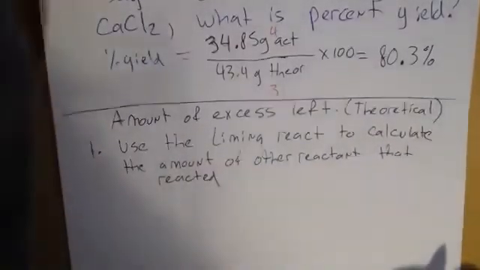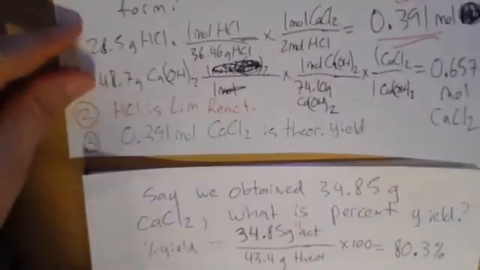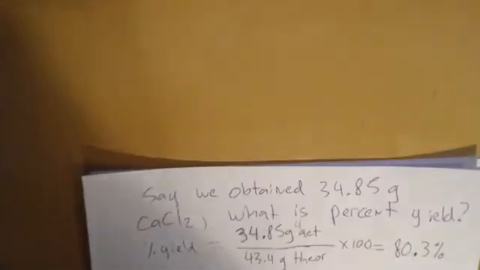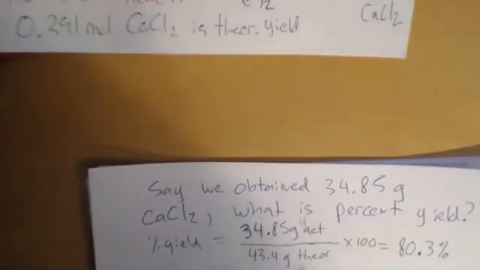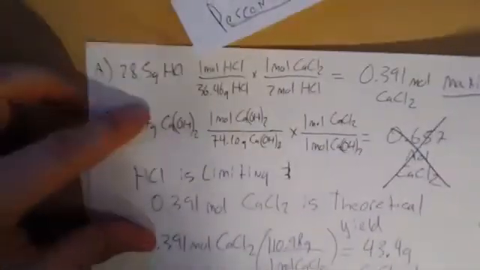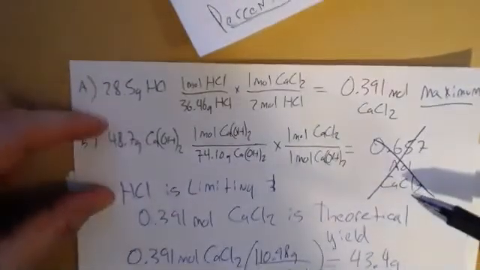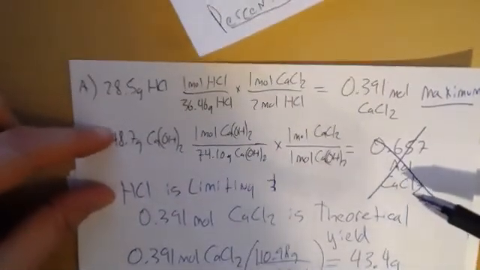So if we go back to the problem, we said that the HCl was limiting, the calcium hydroxide was excess.